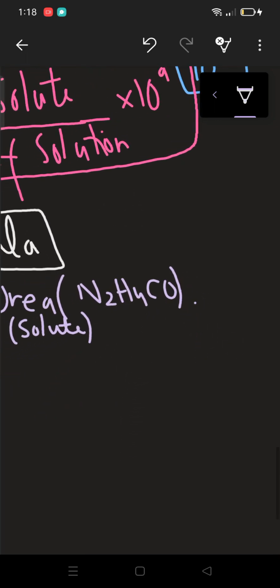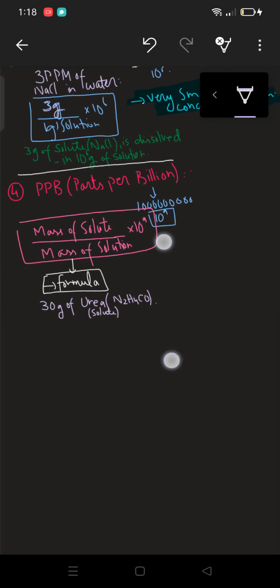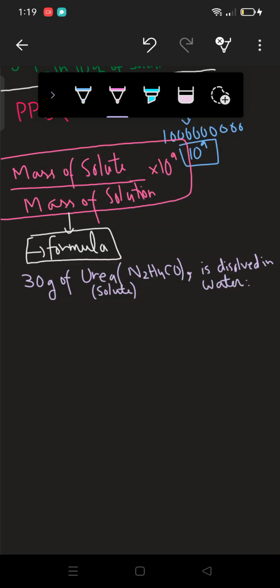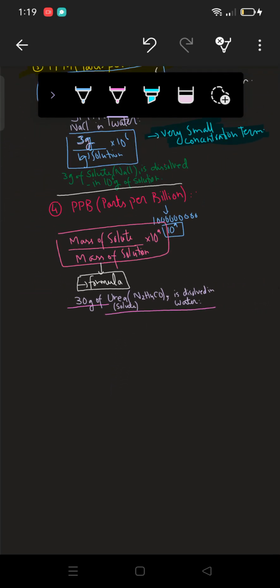The formula for urea is NH2 CO NH2, so N2H4 CO, which is dissolved in water. 30 gram of urea would be dissolved in 10 to the power 9 gram of solution.